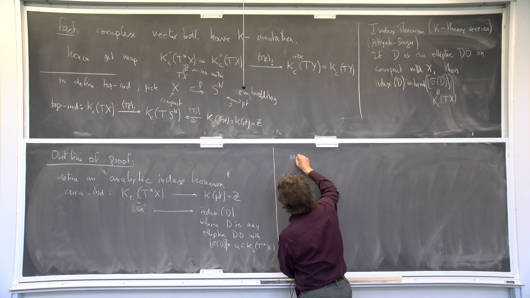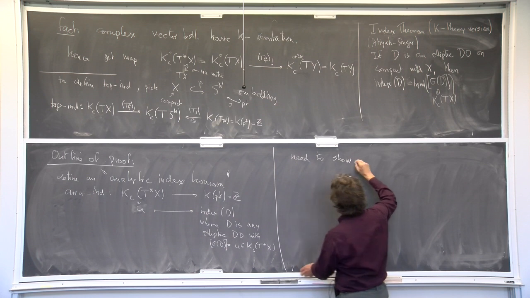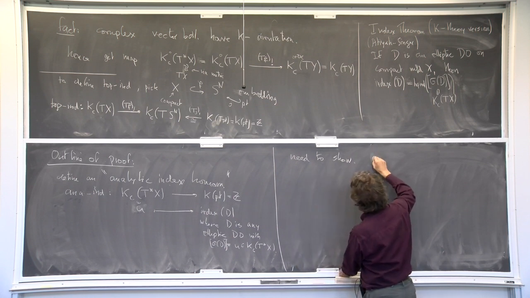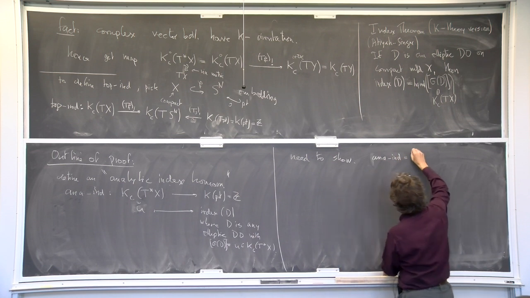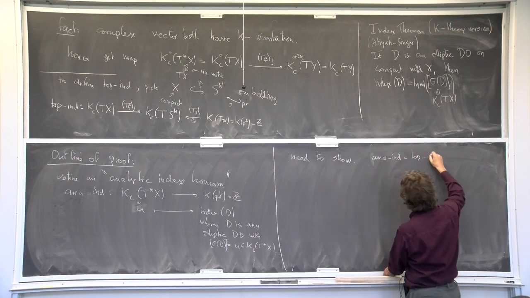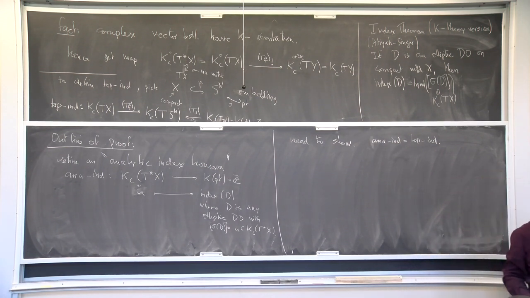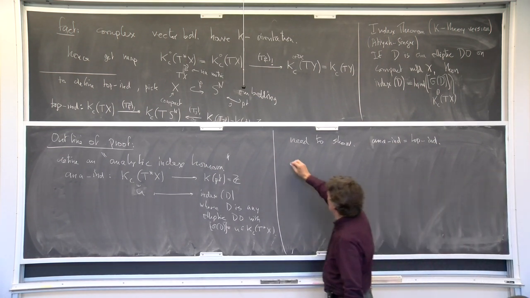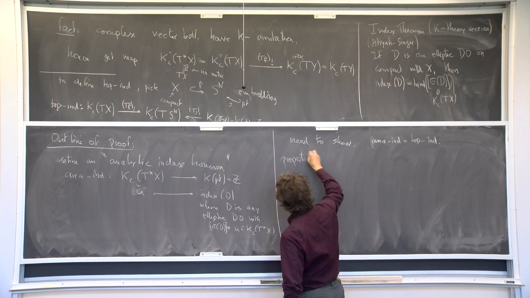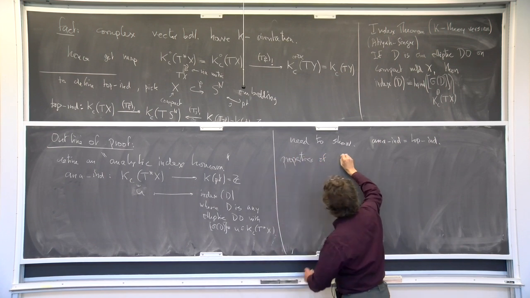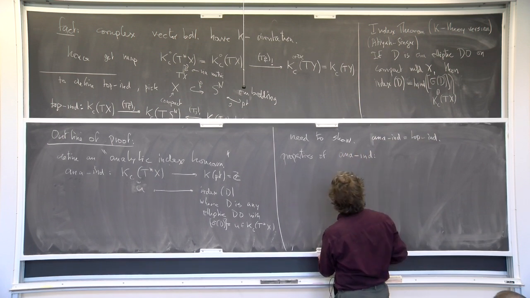So I need to show that the analytic index map is equal to the topological index map. So to do that, you study certain properties of this analytic index map. And that's really where all the hard work is.